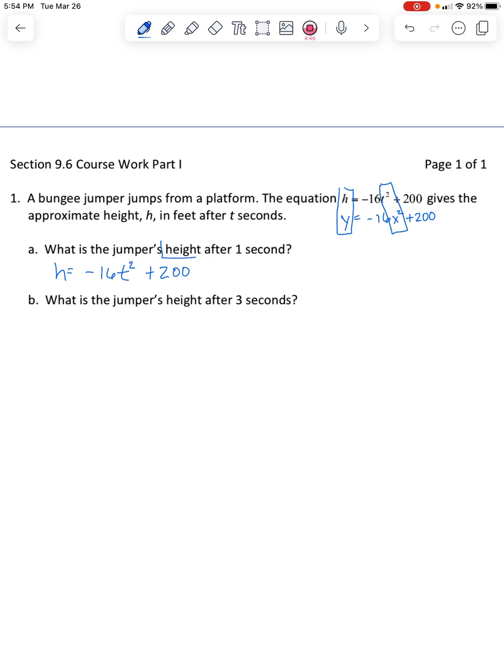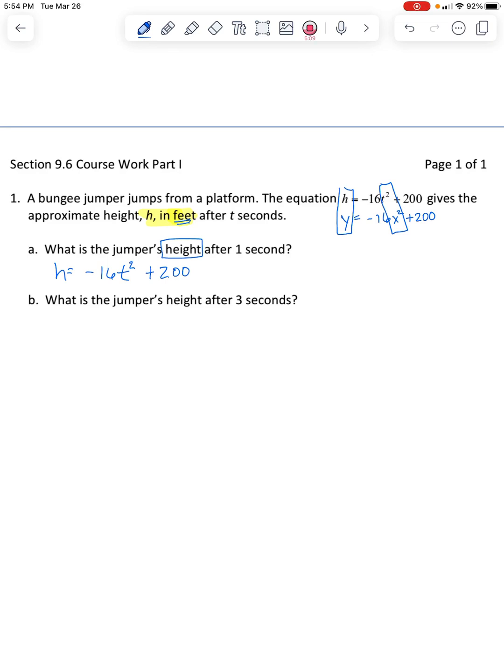The height is what we're trying to find. So at the end of our problem is going to be h equals something, and it should be in feet, because we're talking about, and I'm going to highlight in the problem here, the word feet. So we're looking for height in feet. That's what we're asked to find.